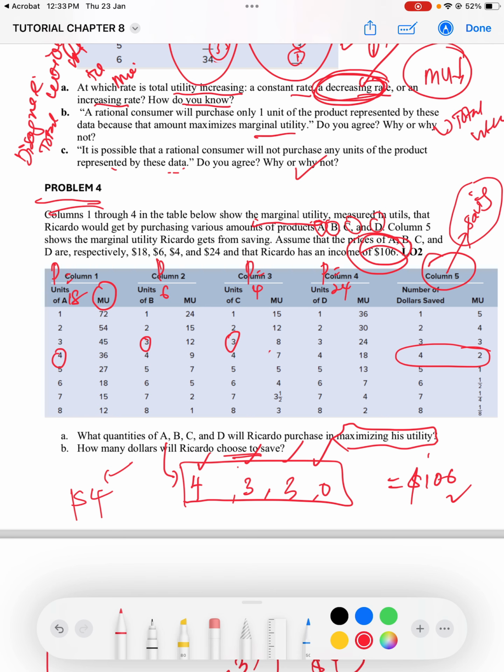Assume that the prices of A, B, C, and D are respectively 18, 6, 4, and 24. So this is the price given.